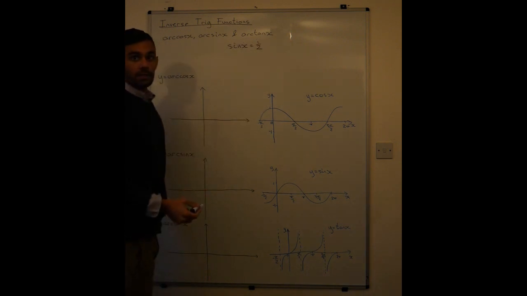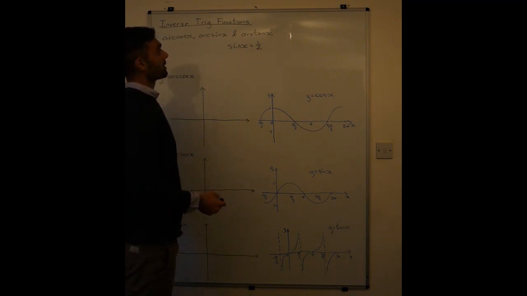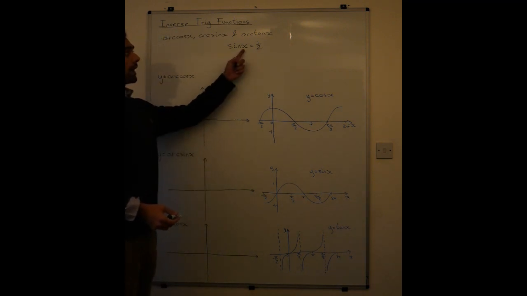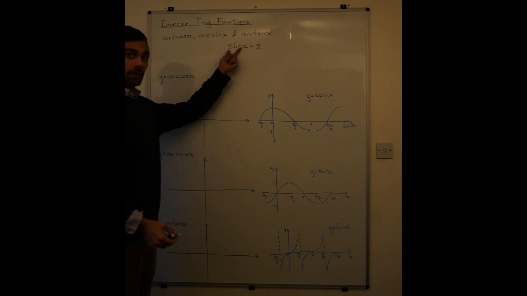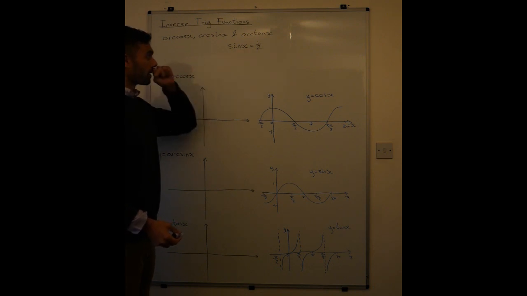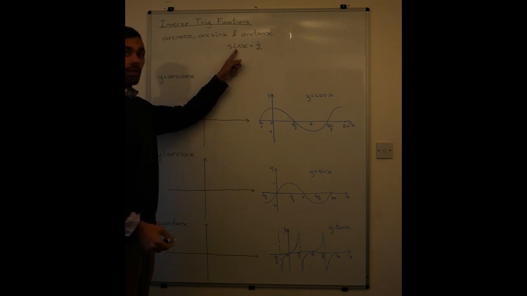Suppose I have sine x equal to a half and I would like to work out what x is. That means to solve this I need to make x the subject of the equation. I need to get rid of this sine to undo it. To do that, I apply the inverse of sine to both sides.